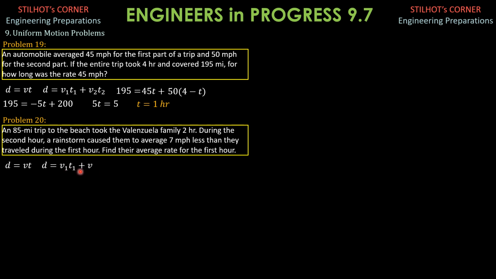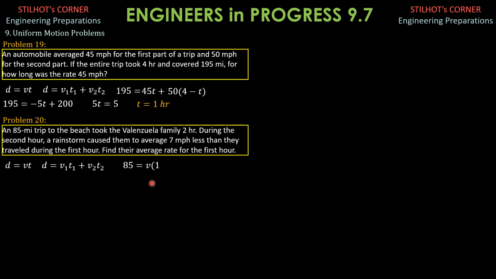So V1 T1 plus V2 T2, we will call the average rate for the first hour of the trip as V. Then the average speed or rate for the second hour of the trip would be V minus 7 because of the rainstorm.